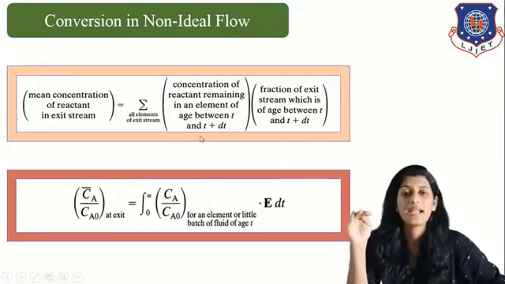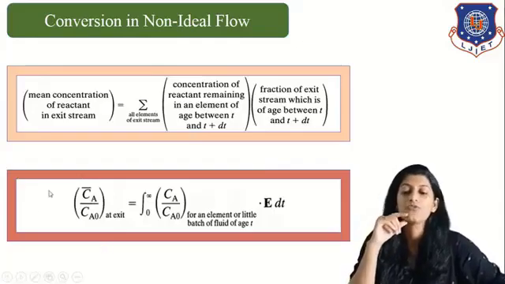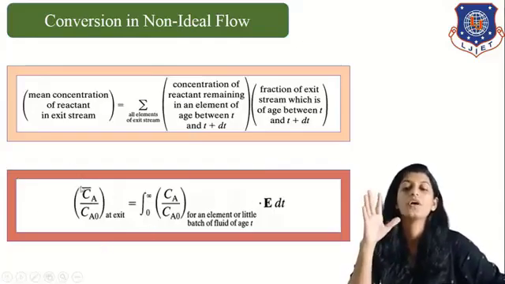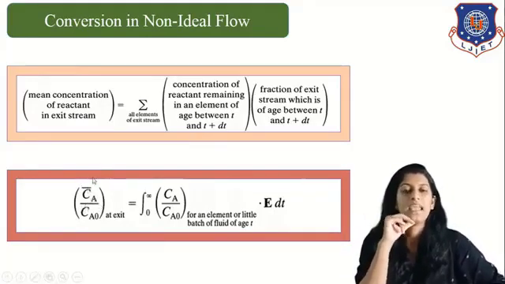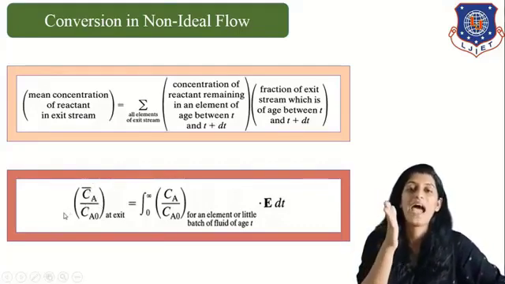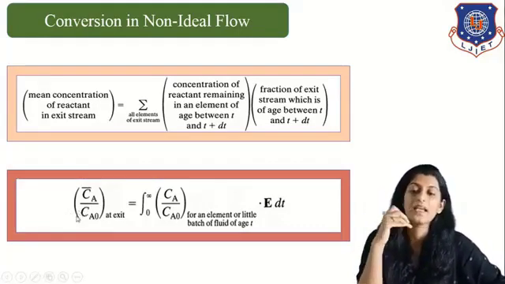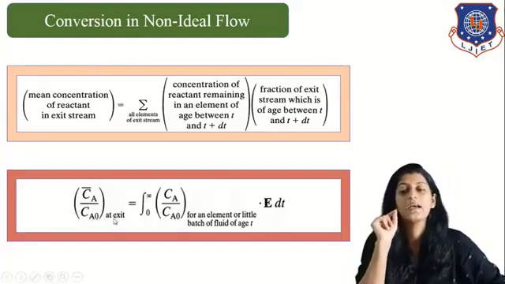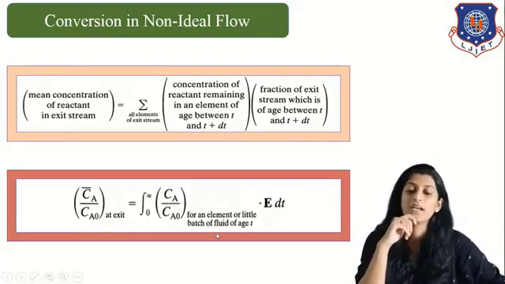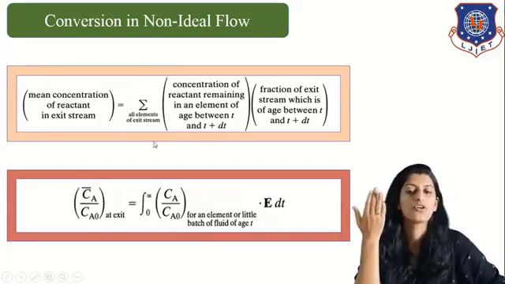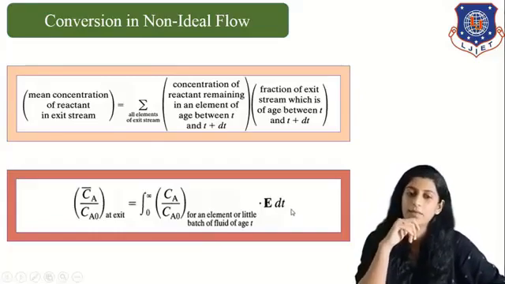In terms of notation, we can use C̄A over CA0, where CA0 is the initial concentration of reactant A, equals the integral from 0 to infinity of CA by CA0 for all elements of age 0 to infinity, times E dt.